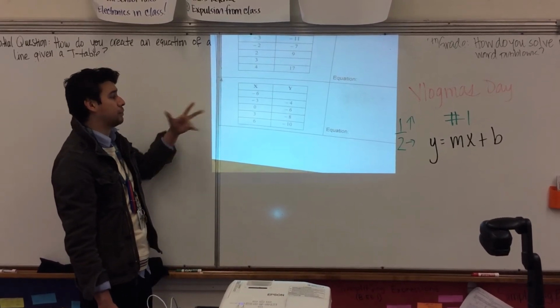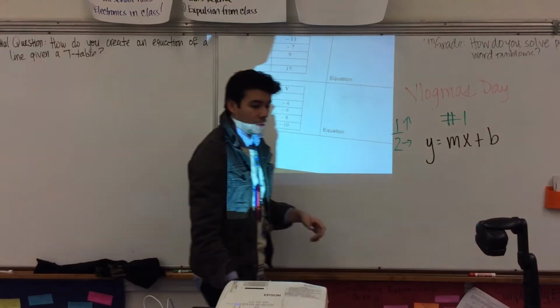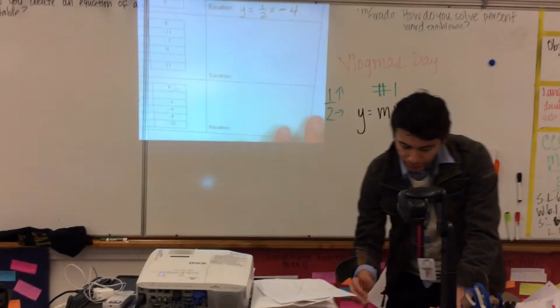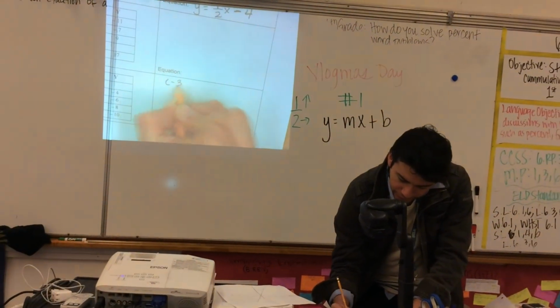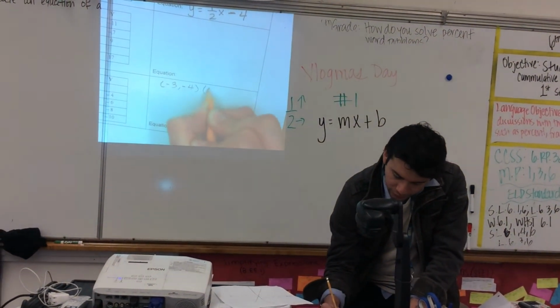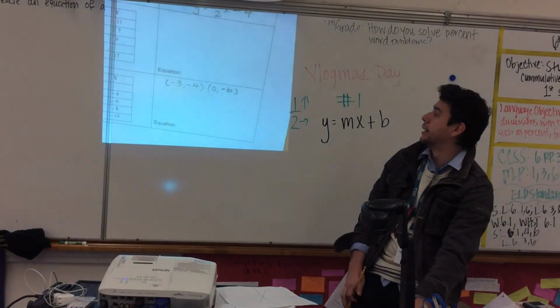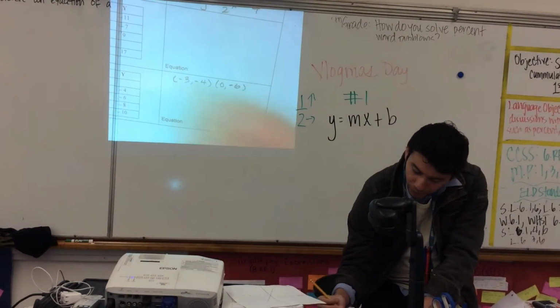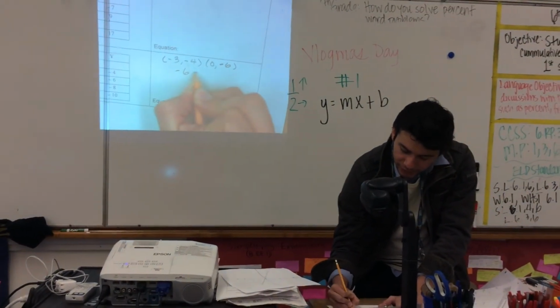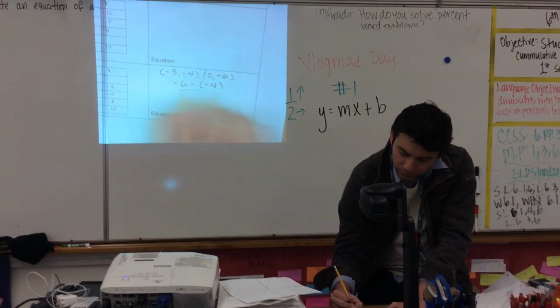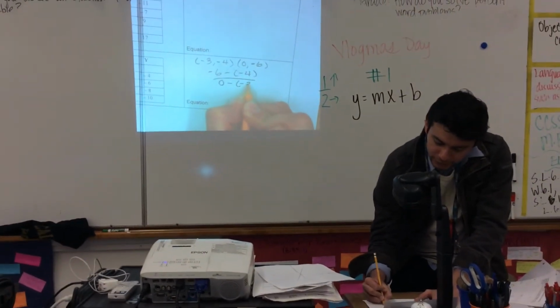So for m, I'm going to pick 2 points. I'm going to pick these 2 points. So -3, -4, and 0, -6. And here we go. Let's figure out slope. -6 minus 4, over 0 minus -3.